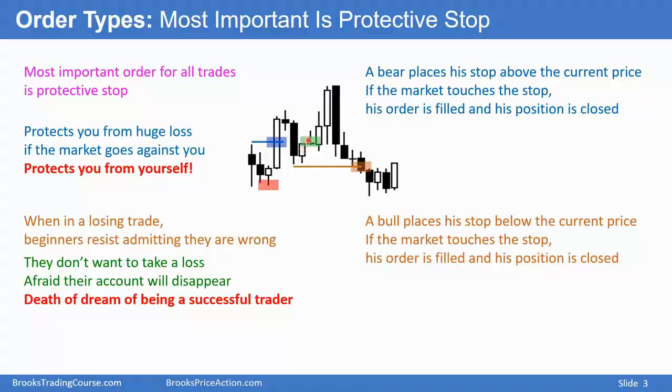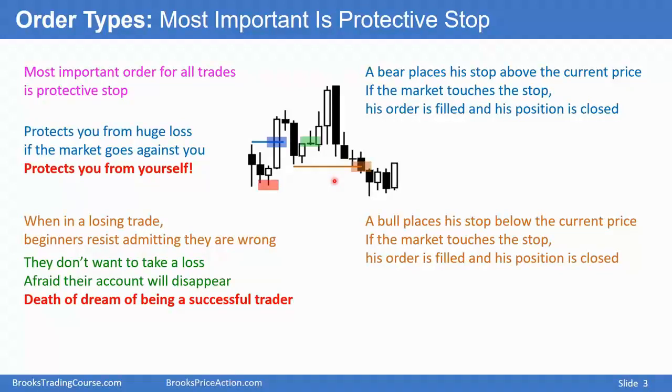A bull who buys this high or low might place his stop below the bottom of this bull bar or below the bottom of the pullback, which is just a little bit below. If the market touches that stop order, which is this gold line, his order becomes a market order and it gets filled immediately. Exchanges operate on a first in, first out basis. The orders that get placed first get filled first.